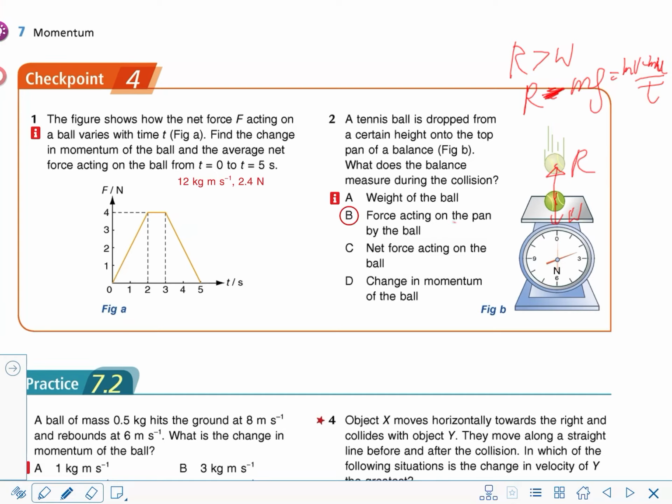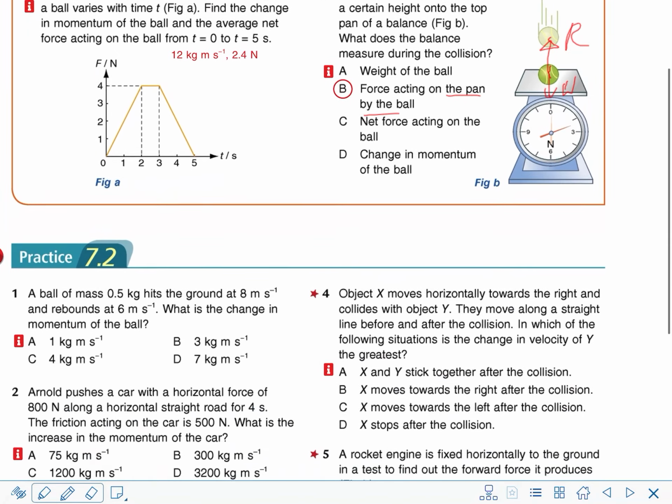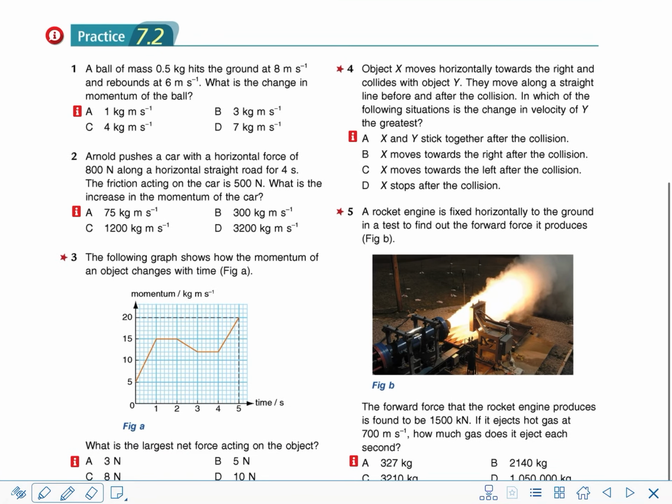The balance measures R. That is the force on the ball by the pan, and it will be the same on the pan by the ball, because of the action-reaction pair. So not A, not the weight, just the weight of the ball. Not C, not the net force. We should think about the weight acting on the ball. Not change in momentum.